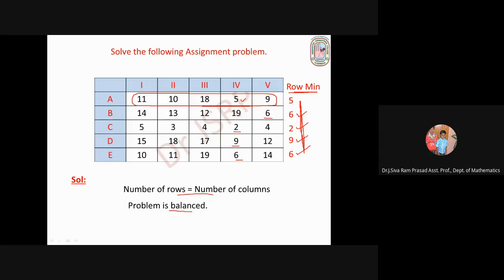What is the meaning of this subtraction? We identify the possible assignments for jobs. After subtracting the minimum value, we get 0 entries, and those 0 entries represent possible assignments for jobs.